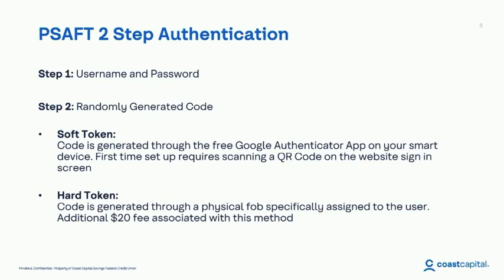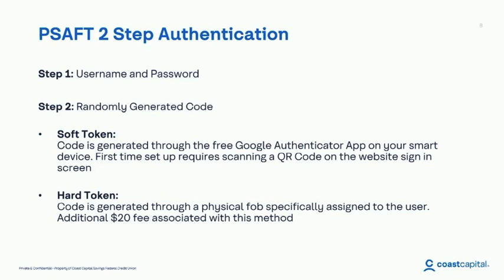Then the app will just automatically generate a random code continuously, and you enter that in going forward. With this, if you do get a new phone, you would need to let us know just so that we can reset this token to allow you to link the app on your new phone to your login. Alternatively, if you don't want this to have anything to do with your personal items, you can get a hard token, which is a physical fob device assigned to a specific user.